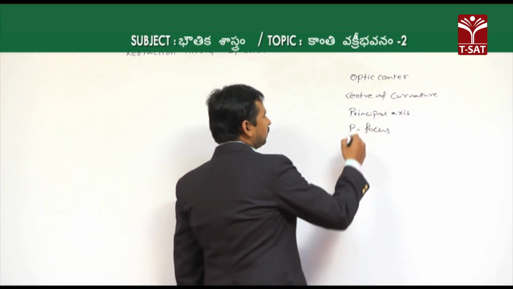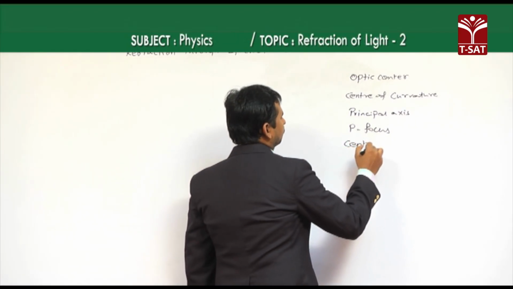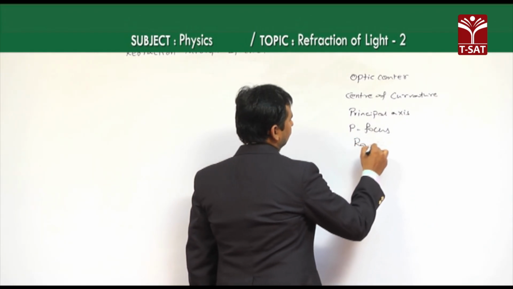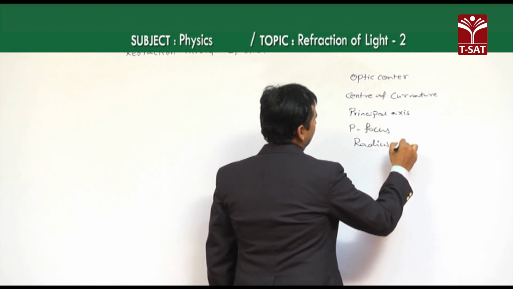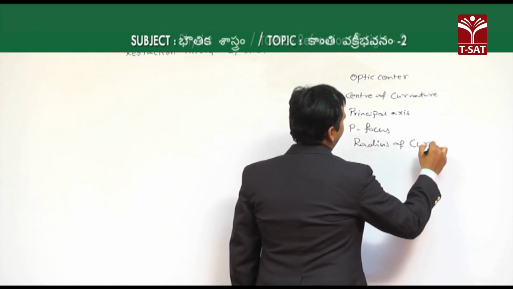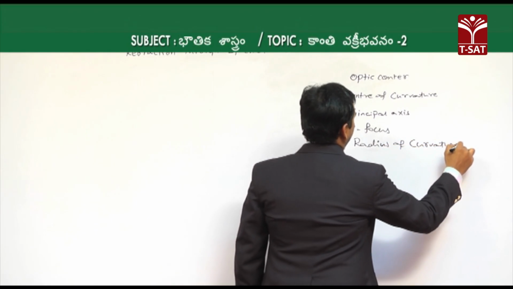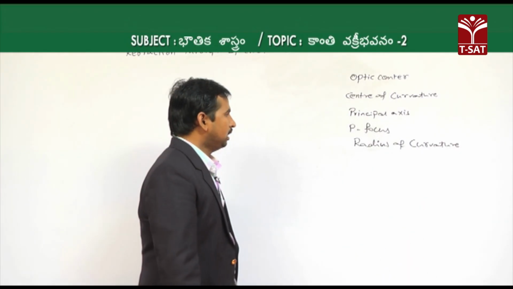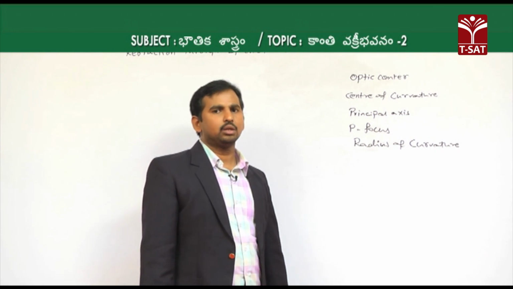Okay, and after that we have the radius of curvature. Radius of curvature is nothing but the distance between the center of curvature and the optic center.